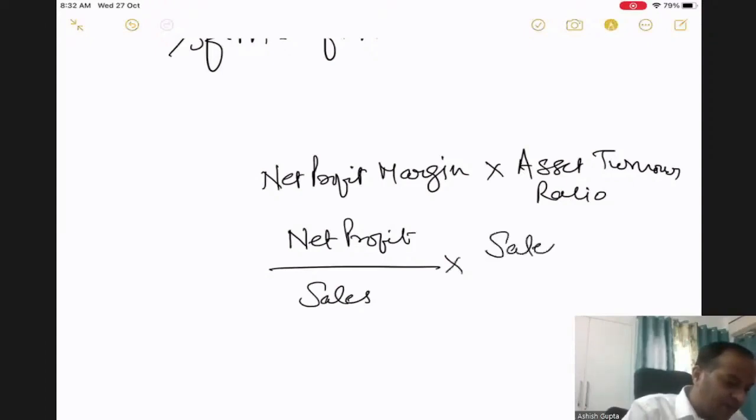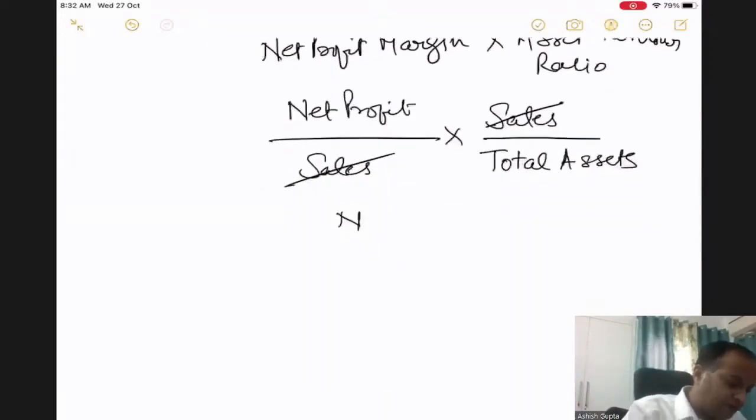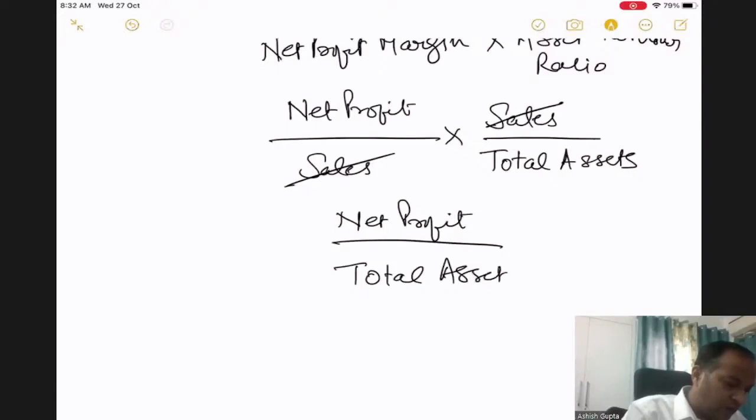Here it is sales upon total assets. It is struck through, so the figure becomes return on assets.